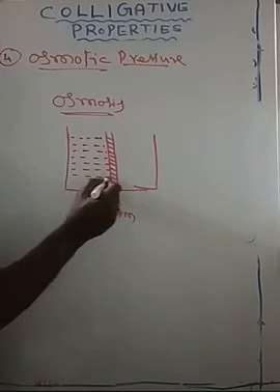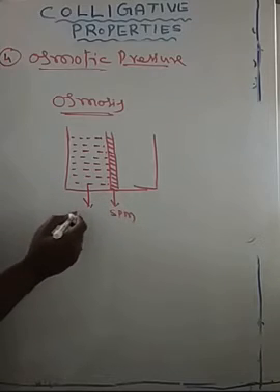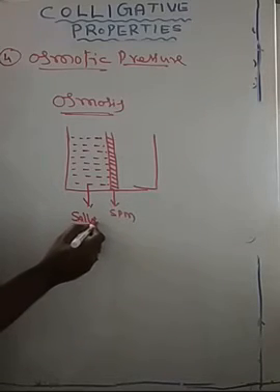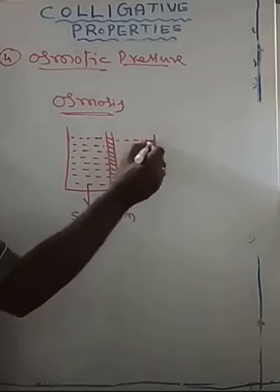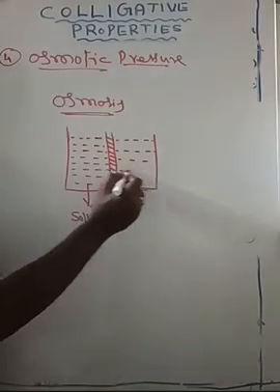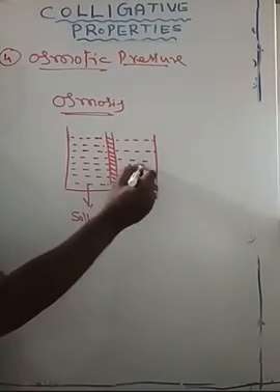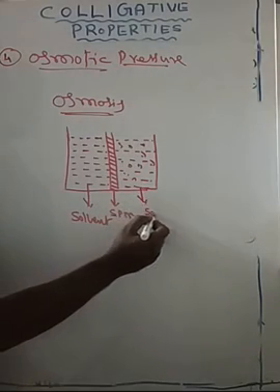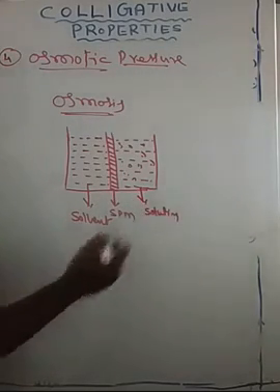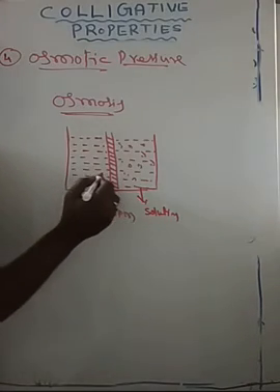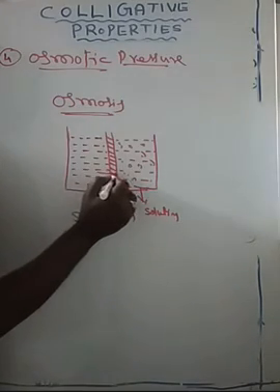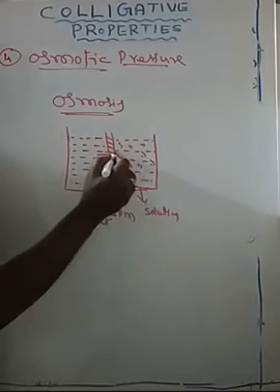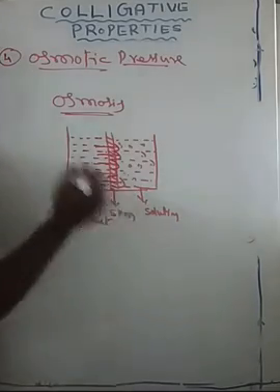In one compartment you have the solvent, and in the other compartment you have the solution. Then what happens? There is a flow of solvent molecules from solvent to solution only.